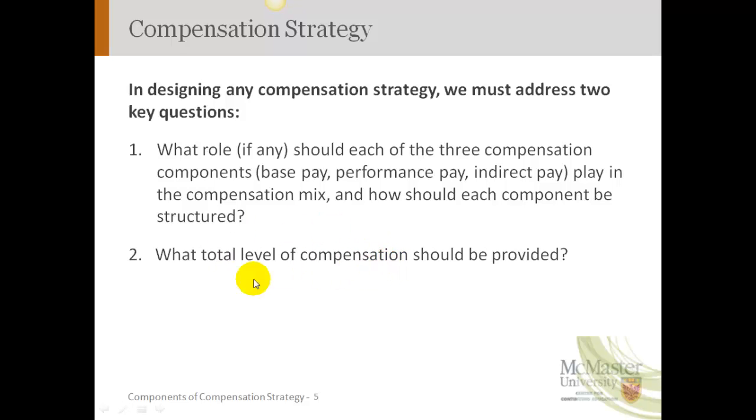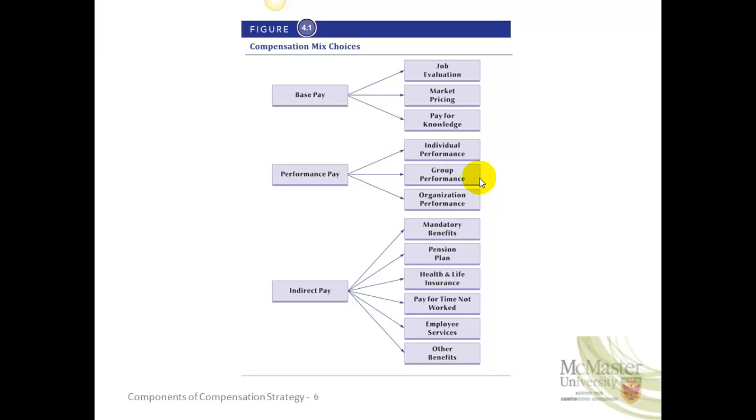You remember that we said that in terms of compensation, 40 to 70% of any employer's operating budget is probably compensation based. So we need to look at how much can we afford and what's the mix of these three components that we're going to offer employees, all the while making sure it accomplishes corporate goals as well as is motivating to the employee. So let's start talking about the three choices that we have for compensation.